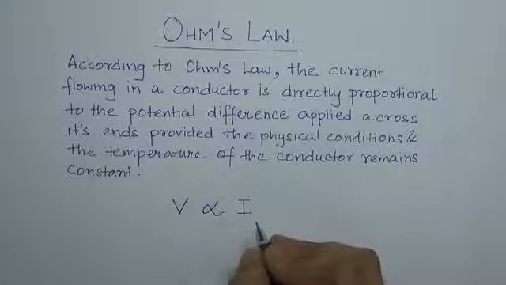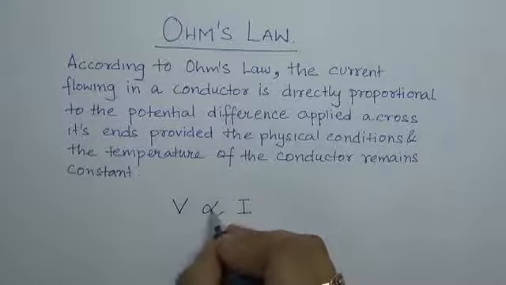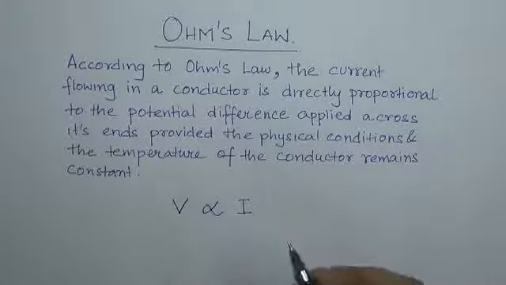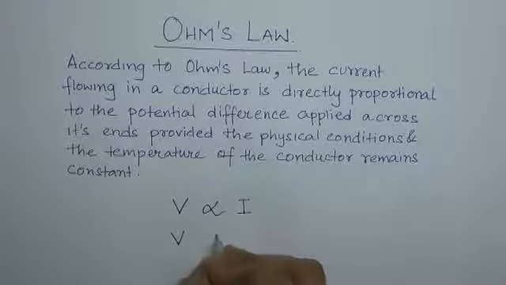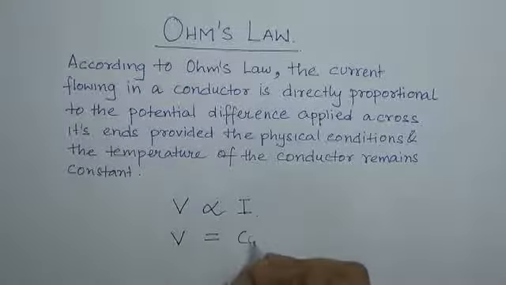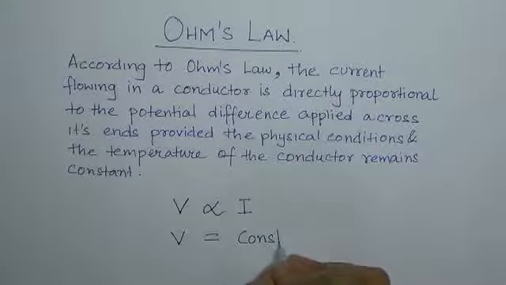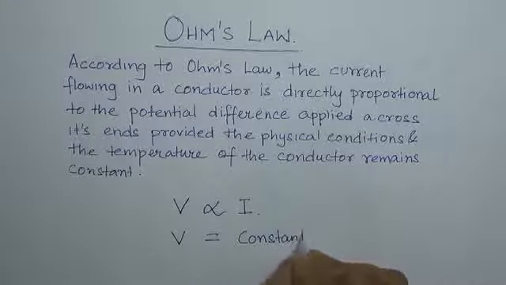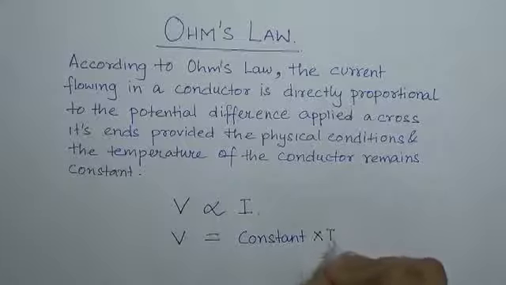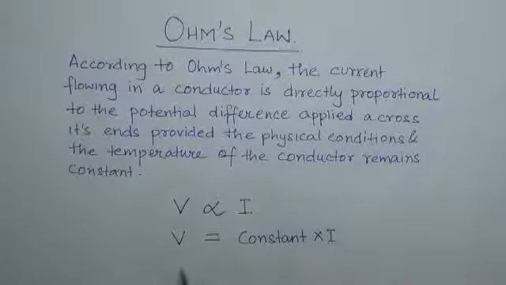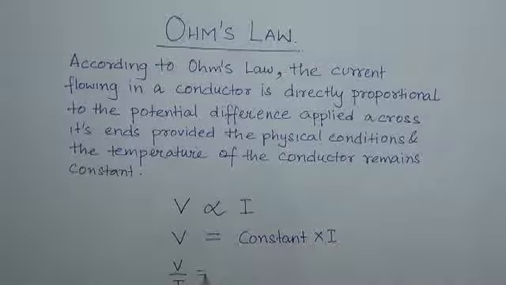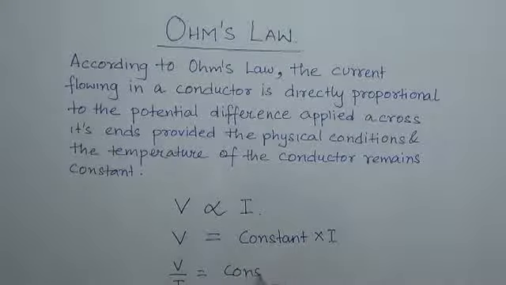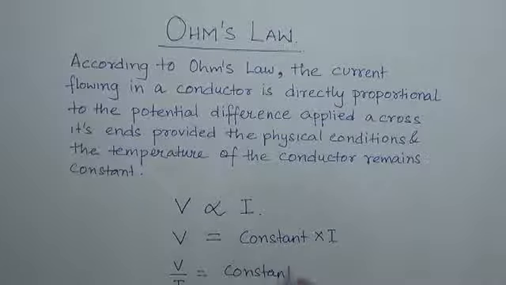Now whenever we replace a proportionality sign with an equal to sign, a constant comes. So let us replace this proportional sign with an equal to sign. So we will get a constant here on the right hand side. Now if I bring this current to the left hand side, what do we get? We get V by I is equal to constant.